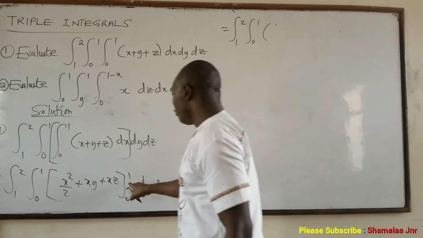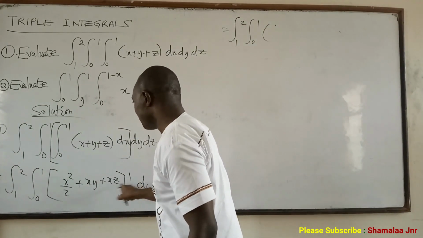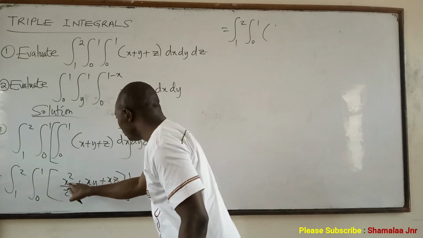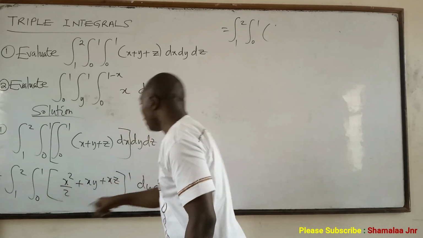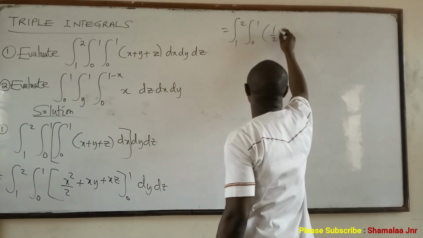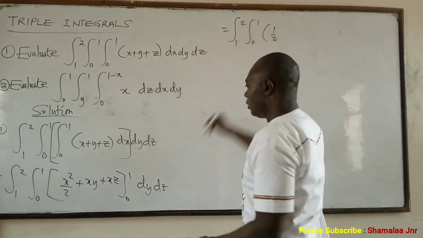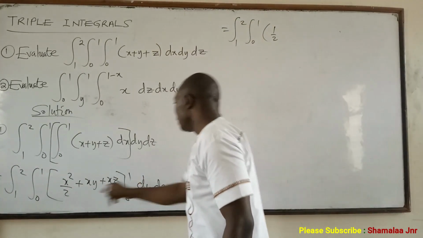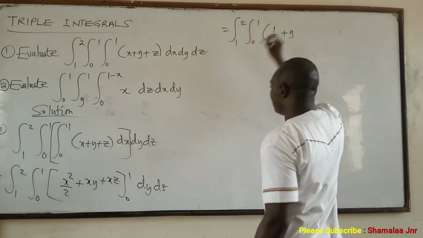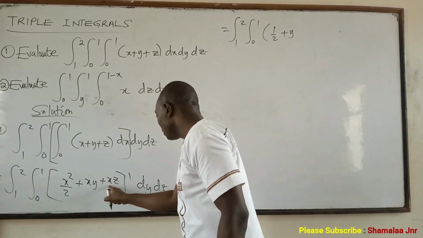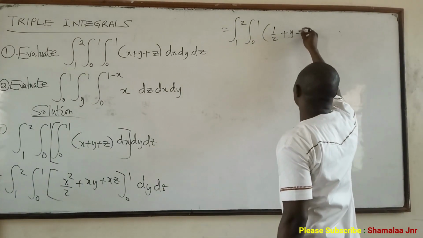Now, when you put in 1 wherever you see x, if you put 1 here, 1 squared is 1, so 1 over 2. Are you seeing it? And then when you put 1 here, you are going to have y. When you put 1 in place of x, you are going to have z.